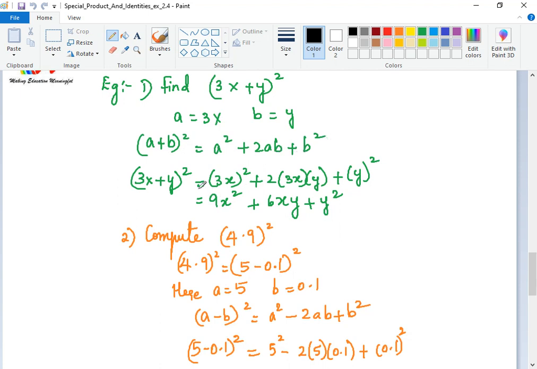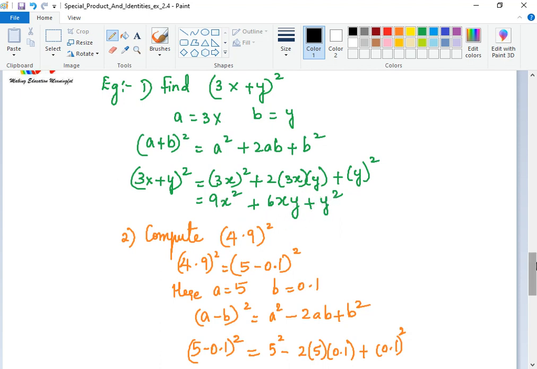Okay, so for a we will substitute 3x the whole square plus 2, a is 3x again, b is y, then again plus, and then b square is y square. So 3x the whole square is 3 square is 9, x square will be written as x square. Okay, then you put the sign as it is, that is plus. 2 3s are 6. There is one x and one y, so you write both. Then plus y square. So this is your answer.